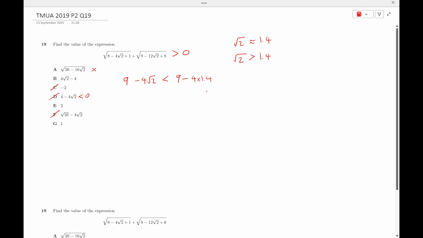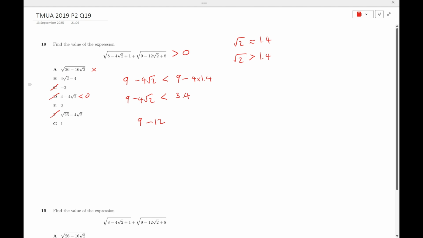And 4 times 1.4 is 2.8, 5.6, so 3.4. So we can say 9 minus 4 root 2 is less than 3.4, and it's not going to be much less than 3.4, but a little bit.